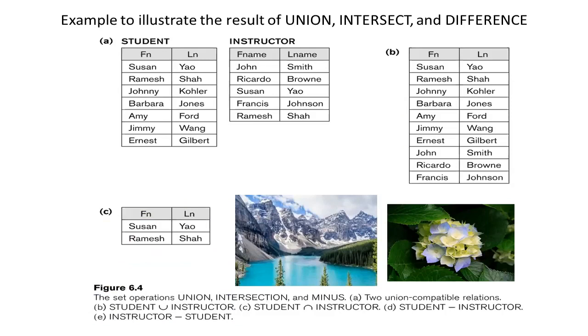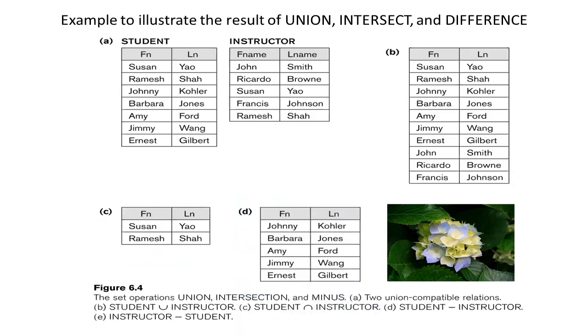Only these two records are matching in both relations, so you get the intersection. The first one is the union, the second is student union instructor, the third is what we have just seen, student intersection instructor, and in table D it shows student minus instructor.